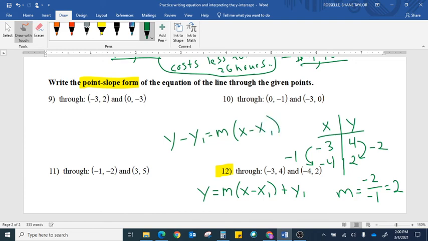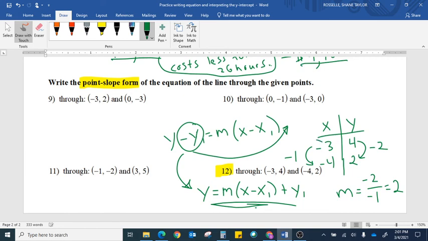I like the first method better, because it makes it easier to put it into slope-intercept form. The only difference is I've moved y1 over: I've added y1 to the right side and to the left side, and they canceled out, and so I get this.